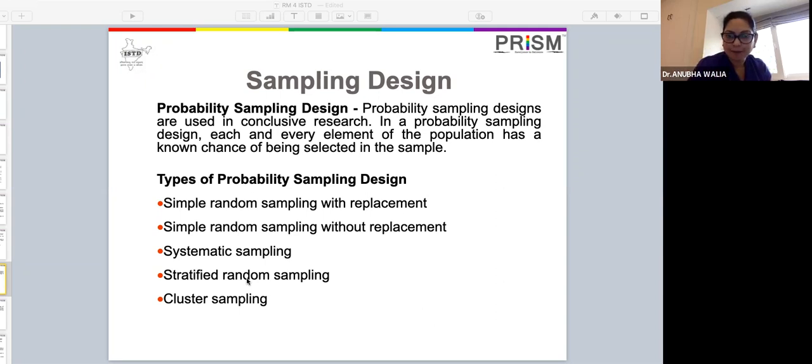For example, we take a random selection of 3 out of 15 districts of a state, 6 blocks from each selected district, 10 villages from each selected block, and 20 to 25 households from each selected village, totaling X number of respondents.